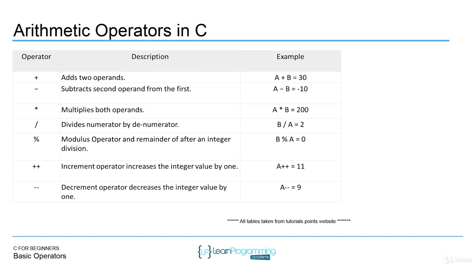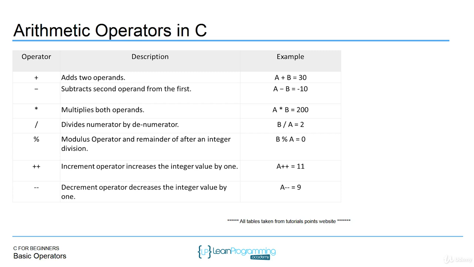Minus subtracts two operands, a minus b. So a minus b could be equal to something like negative 10 if a is equal to 20 and b is equal to 10, or b is equal to negative 10. Is that right? 20 minus negative 10, yeah. Asterisk is for multiplication. Again, infix, in between operands.